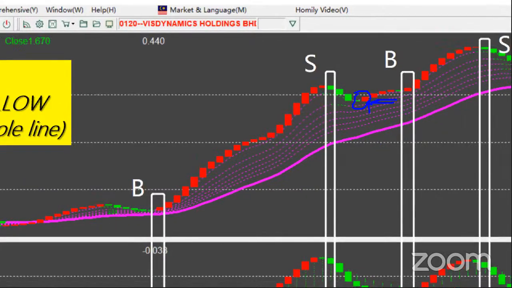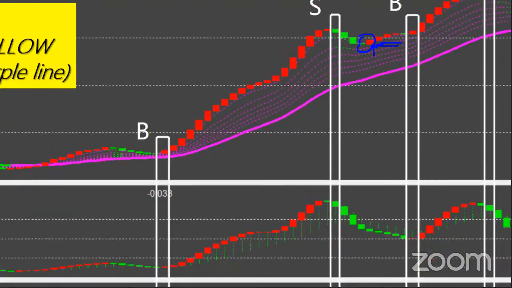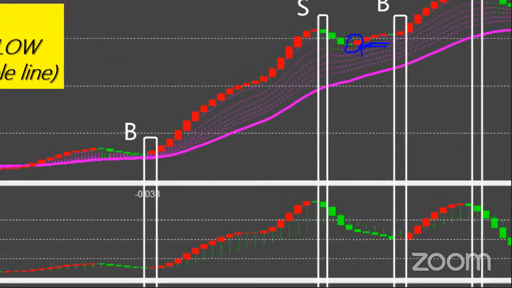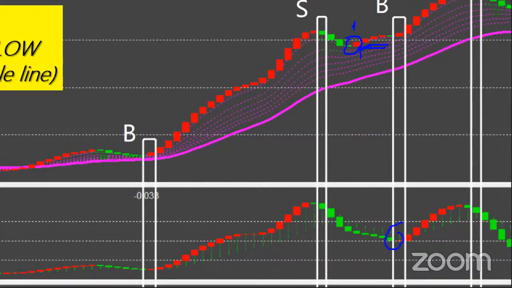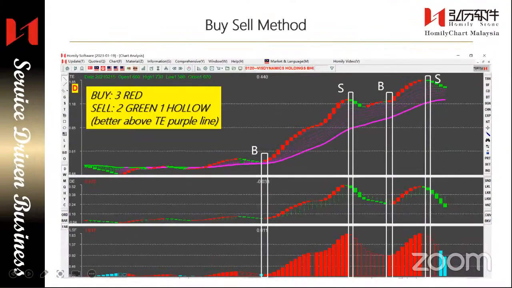If you combine one more indicator, I mean, here when the buy point appeared, this one is still green, so it is not that strong. Our buy point needs three red, so this red will be a buy point. And recent days, maybe 5 days, 6 days ago, around 1 week ago, two green, one hollow appeared. So this is your sell point.